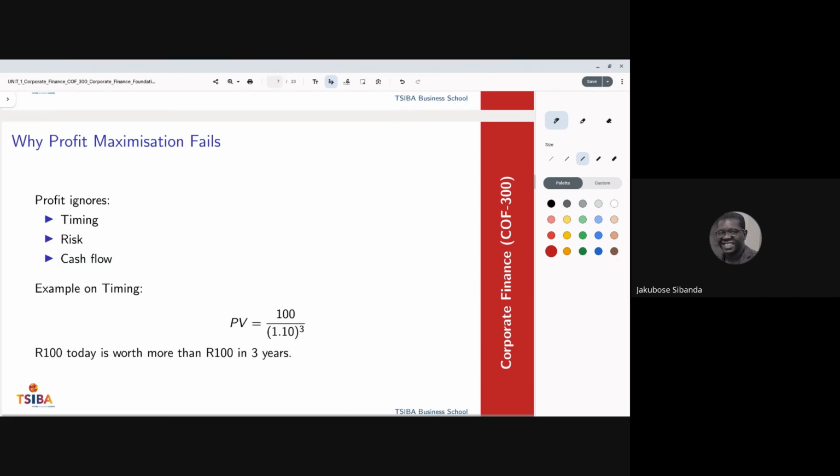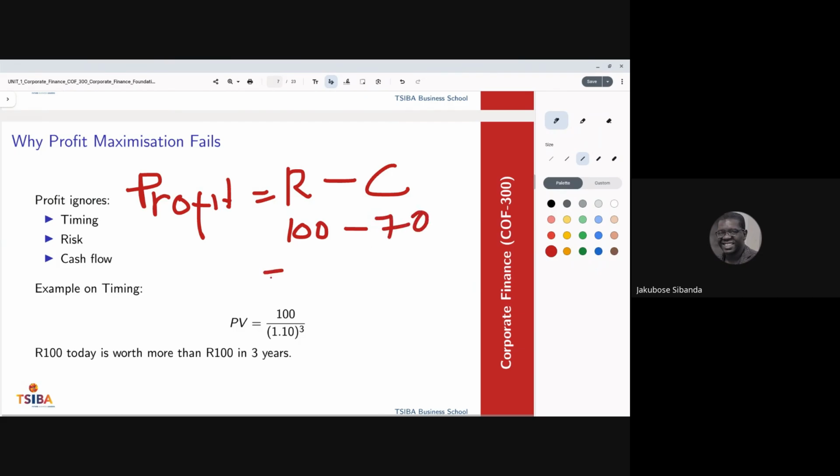Because profit ignores timing, profit ignores risk, profit ignores cash flows. Profit is just revenue minus cost. So if your revenue was 100 and your cost was 70, then your profit is 30 for that year.